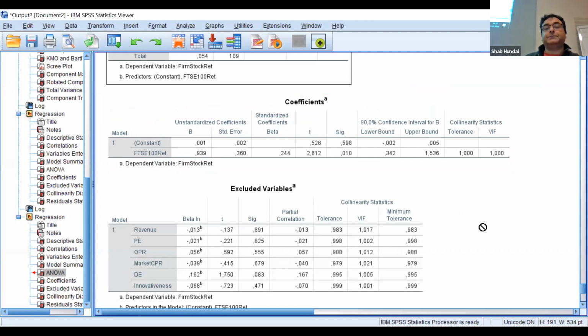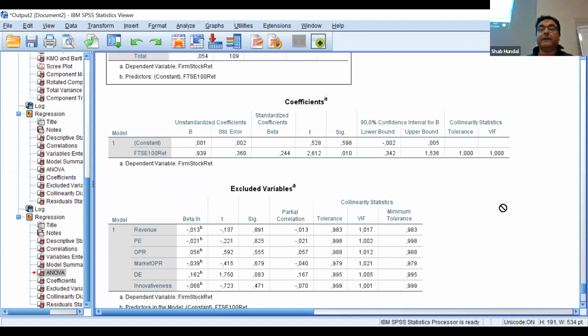And look here. FTSE 100 return, the index return. Index return is the only significant variable. Can you see here? Remember, we had 6 independent variables. Where are the others? They disappeared because they were not significant.